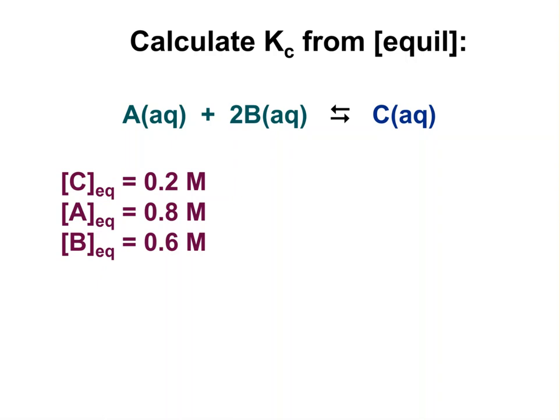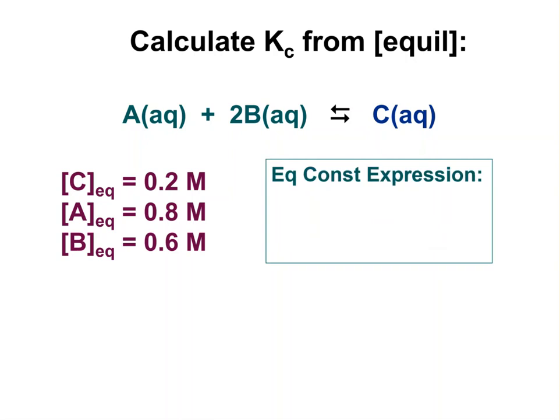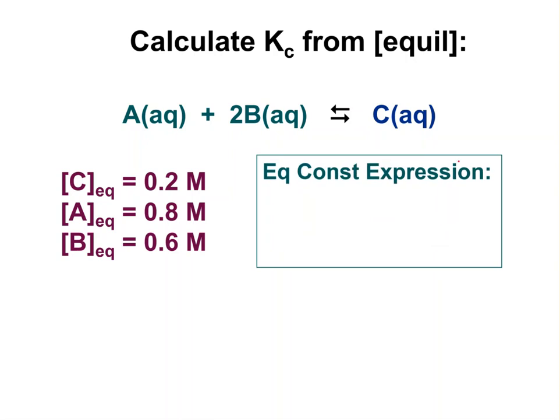Then for the equilibrium constant expression, we use the equation and the coefficients. Expression is the word for this. It's the equation that defines Keq or Kc.